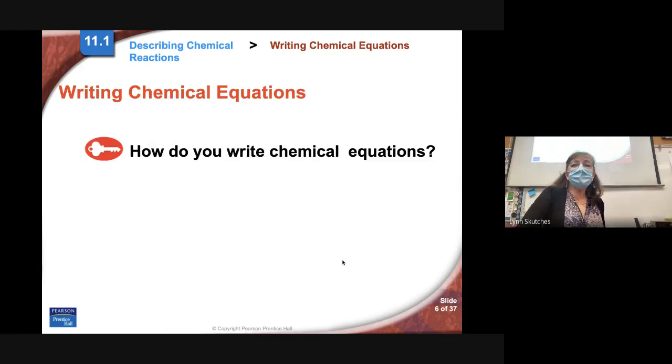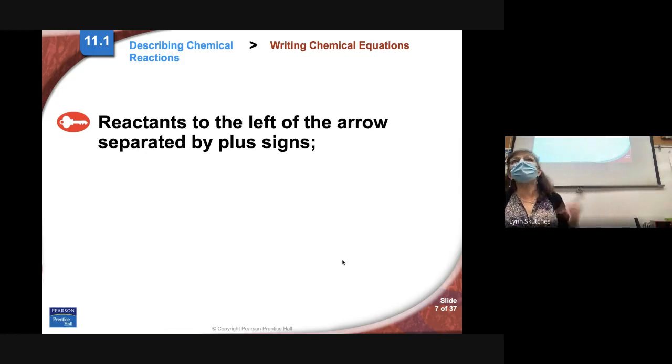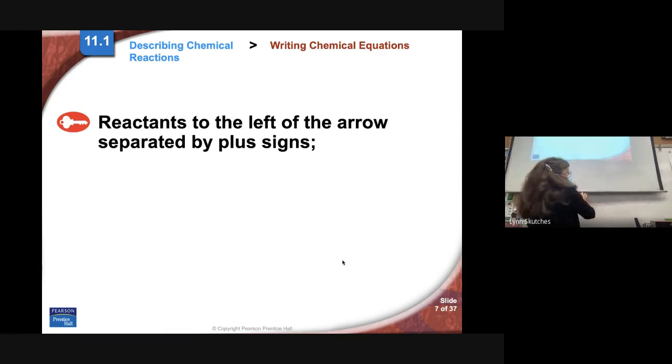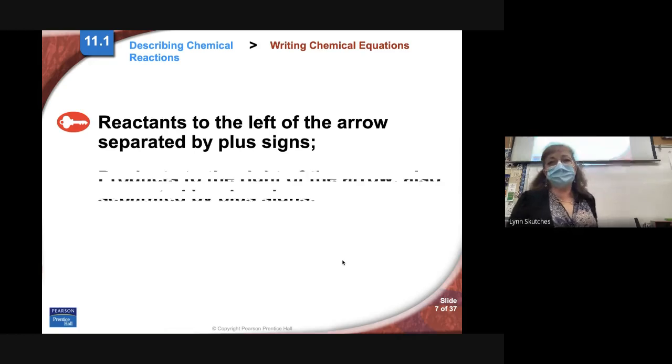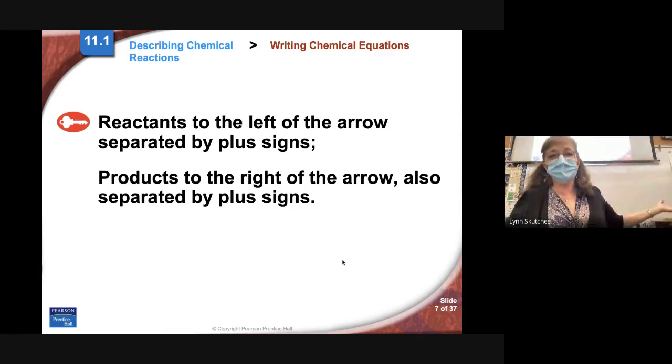All right, so writing chemical equations, what do we do? As you saw on the video yesterday, if you did it, reactants are on the left, products are on the right. We read from left to right in this country, so it kind of makes sense.